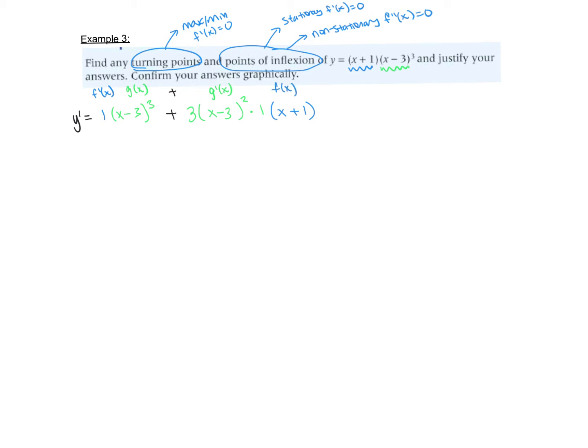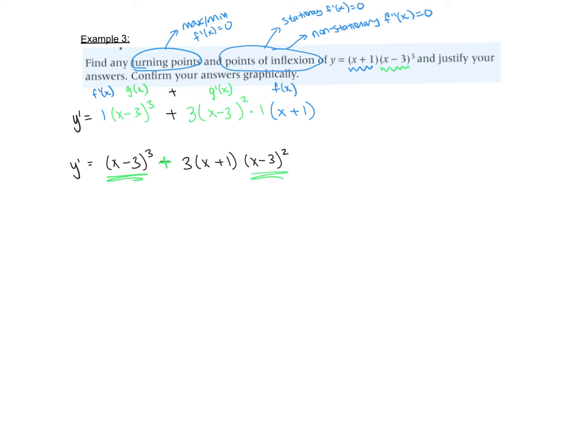Okay? So if we simplify this, we get (x - 3)^3 + 3(x + 1)(x - 3)^2. Now we have two terms because terms are separated by a plus or a minus sign. And in both of those terms, we have a greatest common factor, which is x - 3.